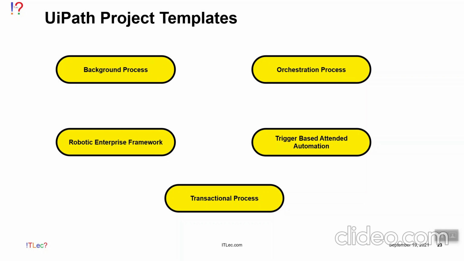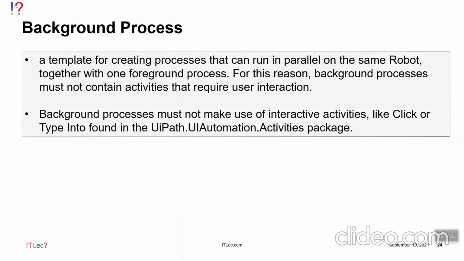Okay, we'll go into detail on each of them. A background process can run in parallel in the background, and it must not make use of interaction activities like click or type into, or any activities that need interaction with a human, because in the end it will run in the background.